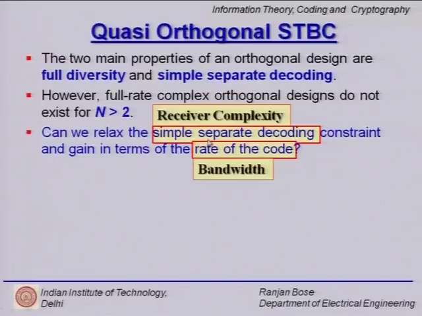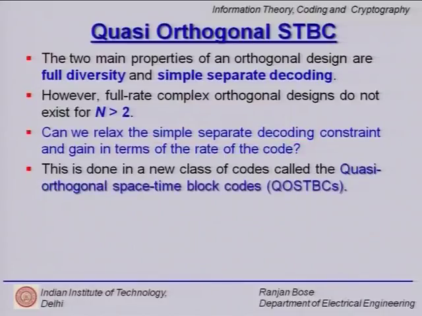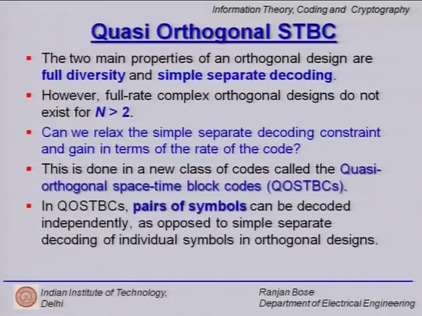So, question is now, can we maybe go for double symbol decoding or pairwise? So, let us explore that possibility. This is done in a new class of codes called quasi-orthogonal space-time block codes, or QoSTBC for short. So, we are going to relax some properties of the orthogonal design.